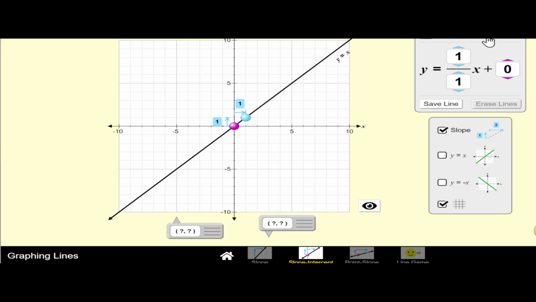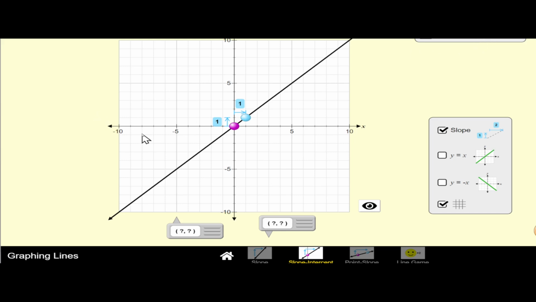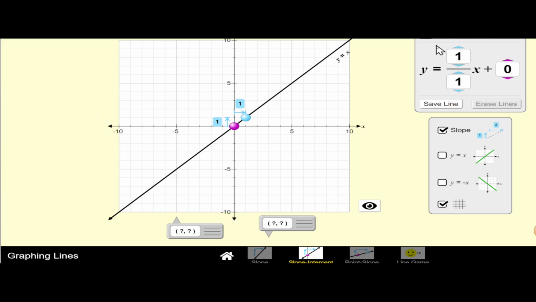Now your books in school will probably have y equals mx plus c, but it's an American piece of software, so they use b. And this just lets us play around with straight line formulae just to see what happens.